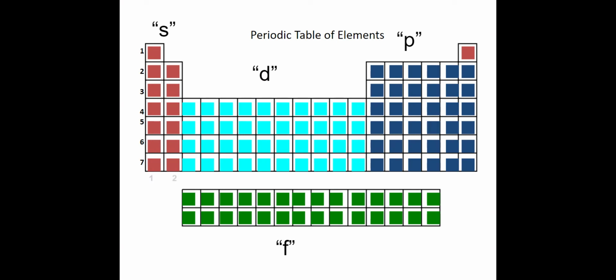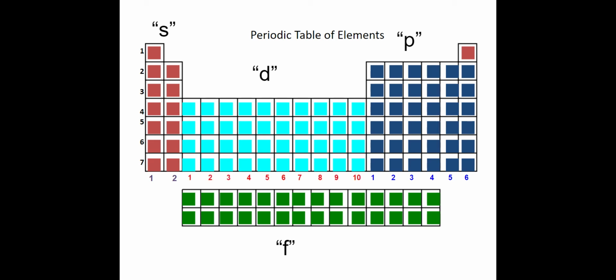Look carefully, children. There are 2 columns on the periodic table associated with the S subshell. There are 6 columns associated with the P subshell.